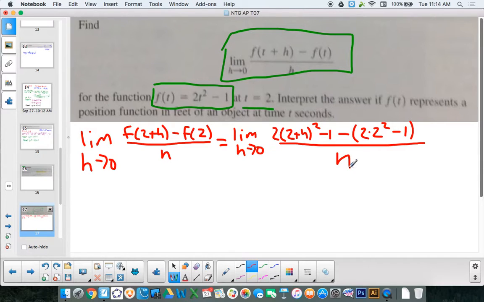Now you can go ahead and try it, do your plug and chug, but it will work out to 0. So we'll clean this up a little bit. Before trying factoring and canceling, you should always try a little cleanup.